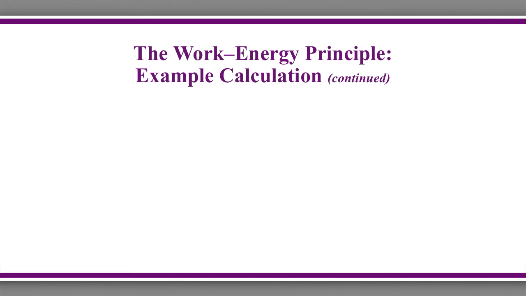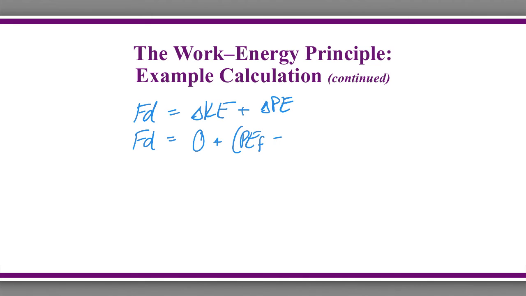So for our calculation, we know that FD is equal to the change in KE plus the change in PE. Well, we know that KE is 0, because it was at rest, plus final PE minus initial PE. So FD is equal to final MGH minus initial MGH, because this is the formula for potential energy.